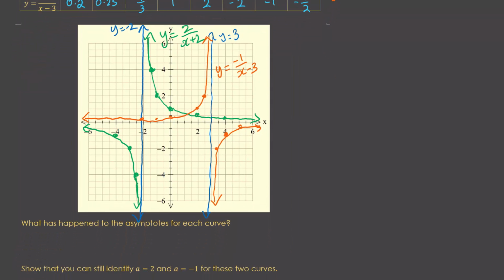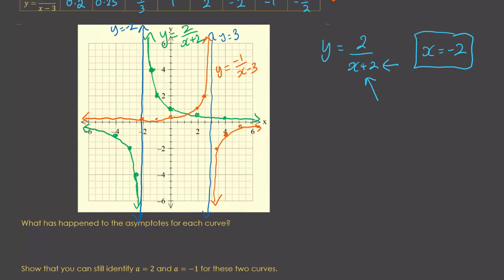What happened to the asymptotes for each curve? Well, if we look at y equals 2 over x plus 2, x equals -2 is now the vertical asymptote. So the vertical asymptote will help us identify the value here. Note the sign is changed. -2 is the value that will make the denominator equal to 0.